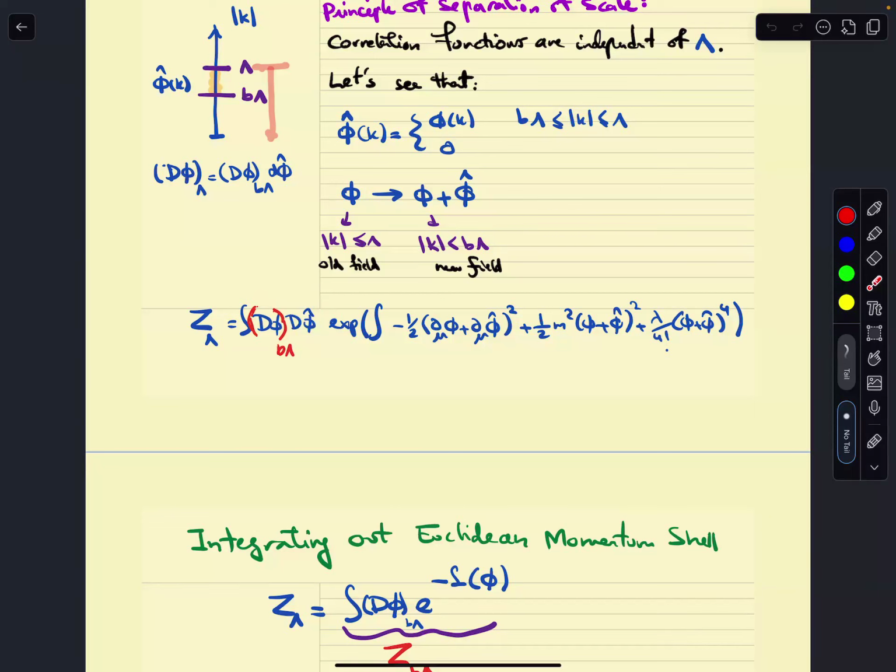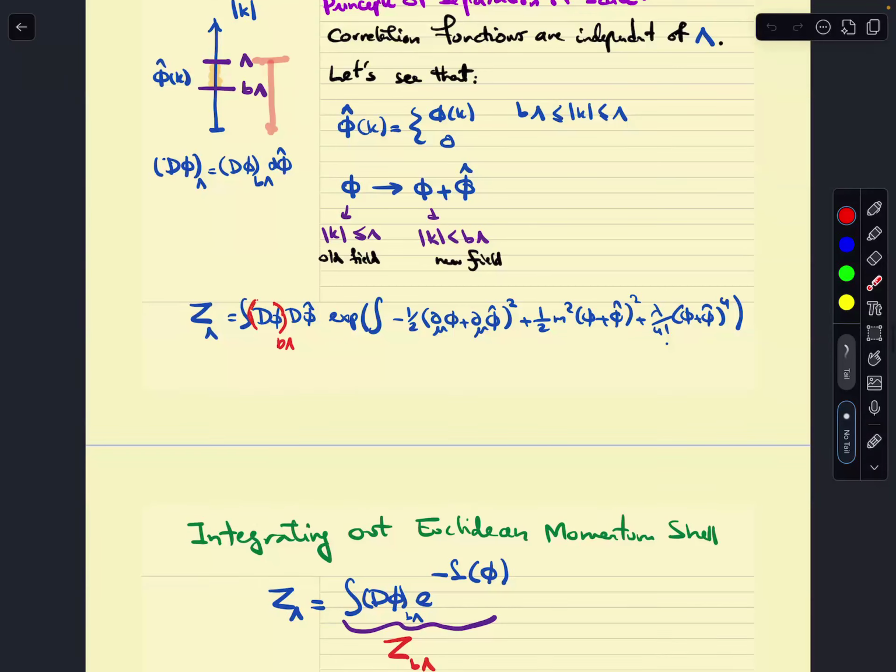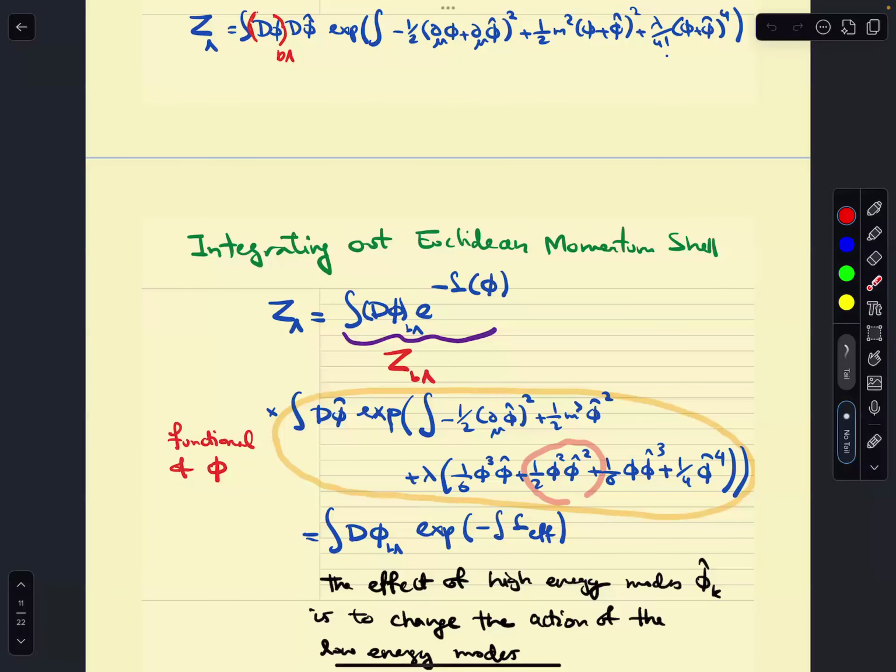My phi is now phi plus phi hat. So here's a kinetic term, here's a mass term, and here's the interaction term. The goal is to perform the phi hat path integral. All right, let's see how this works.